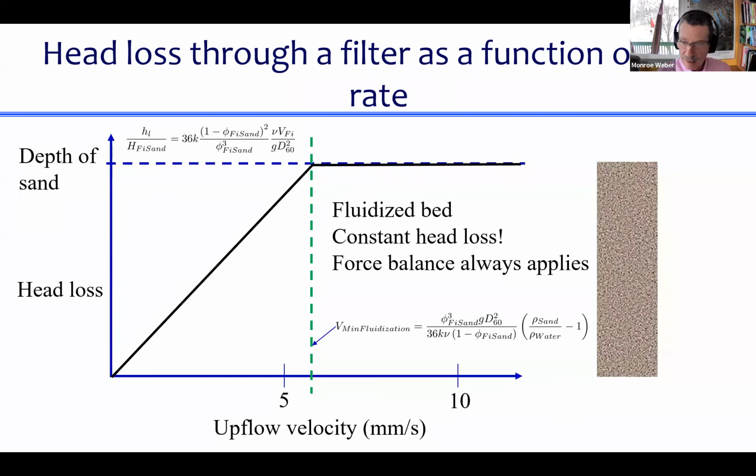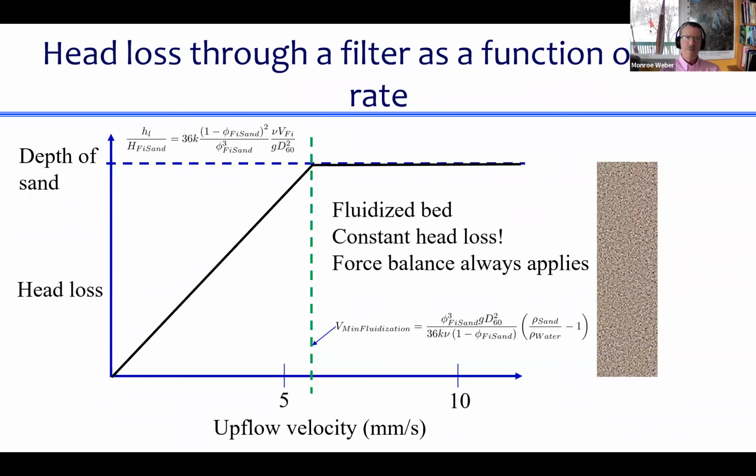And then we get to the place where the head loss is equal to the depth of sand. And at that moment, assuming that it's silica sand, it completely changes. Now the sand bed fluidizes, and from that point on, it doesn't matter how much water we push up through the sand bed, the head loss is the same.